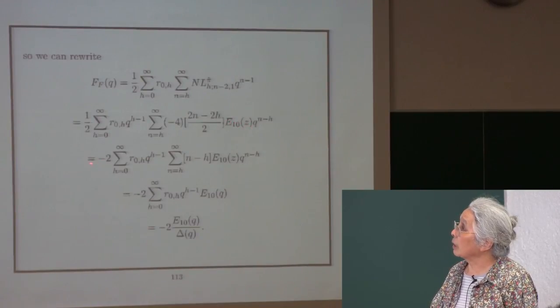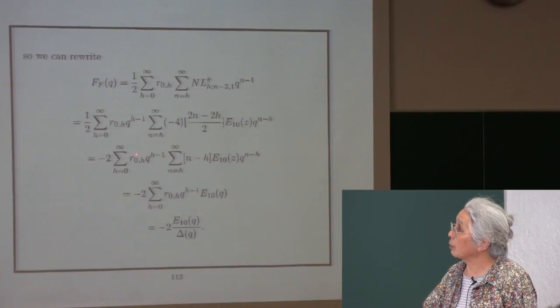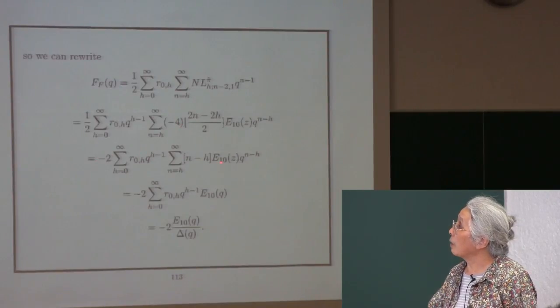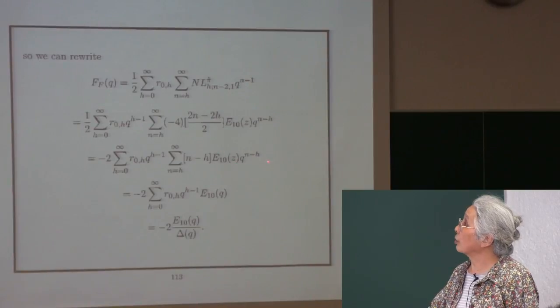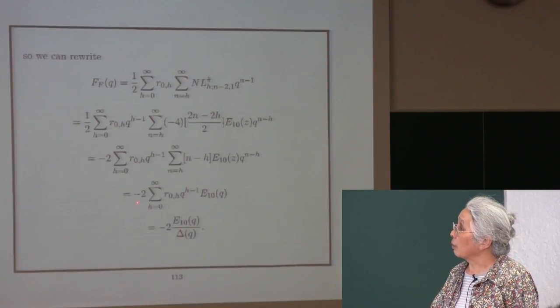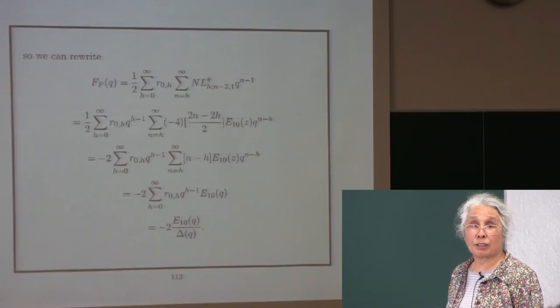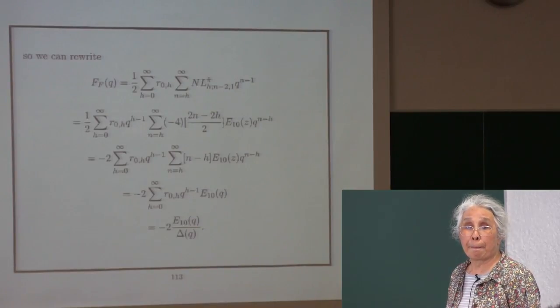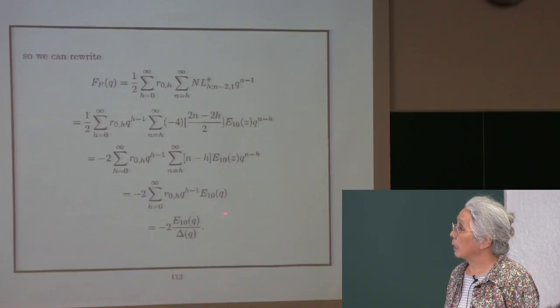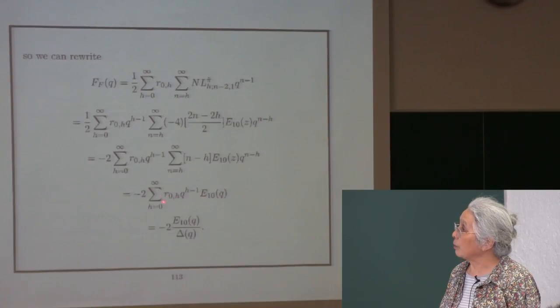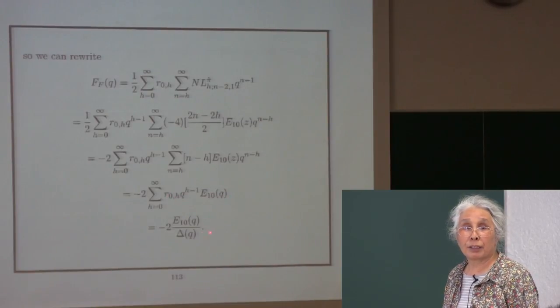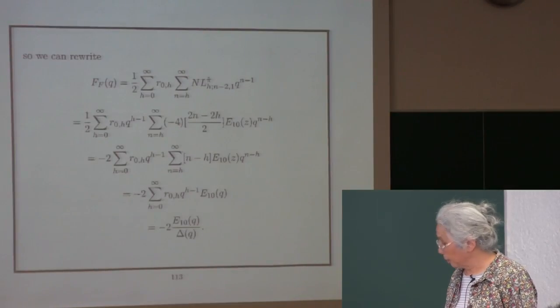So if you do this, it's going to be half divided by -4, so -2, r_{0,h}, and E10 q^(n-h). If you write this out, that's exactly what you get, because r_{0,h} was the coefficient of 1 over Delta(q). So that's the proof.